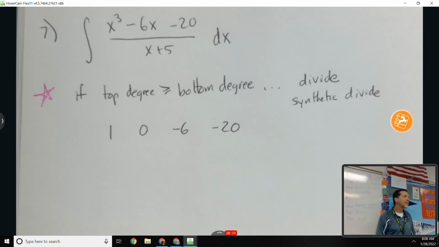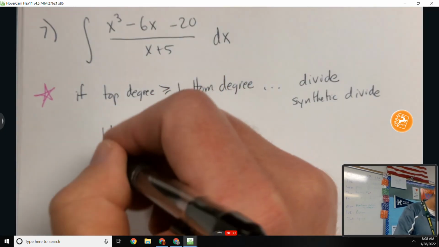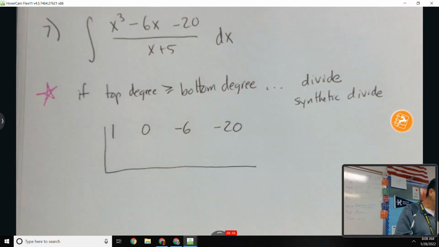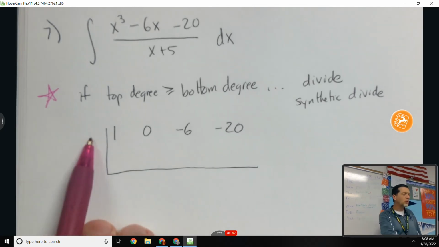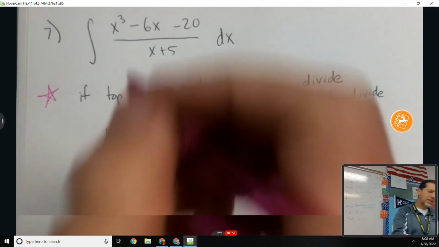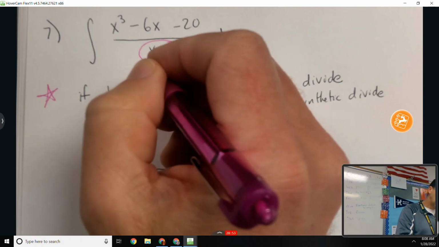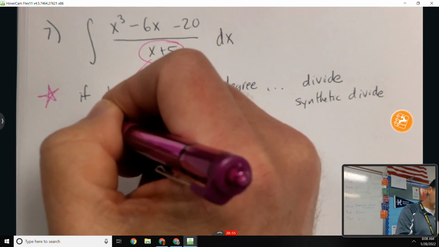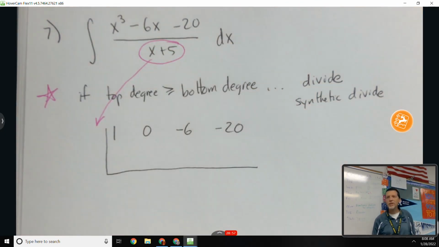Pay attention, if there's a missing term, put a 0 in there. What number is going out here? What number am I dividing with? Do you remember? I mean, it has to do with this. But what number goes out there?